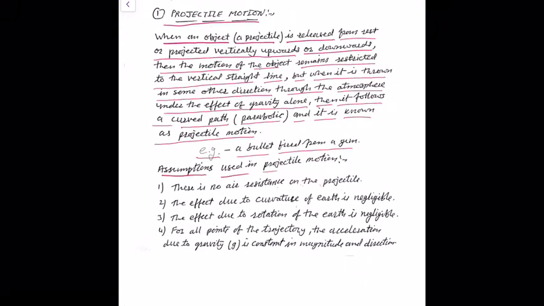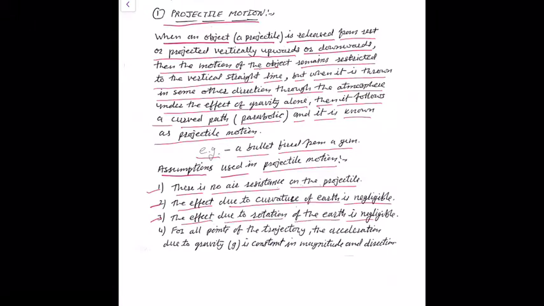In this motion, assumptions used in projectile motion. First, there is no air resistance on the projectile. Second, the effect due to curvature of earth is negligible.